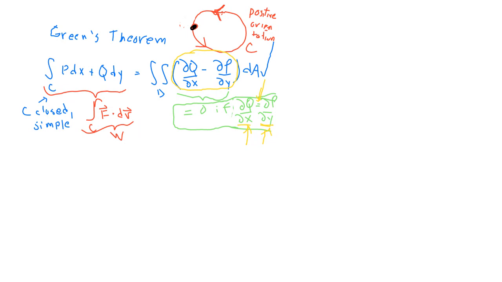But we can at least appreciate that Green's theorem makes sense, because if we have a conservative vector field, then by virtue of the fact that the partial derivatives q with respect to x and p with respect to y have to be equal for a conservative vector field, we can appreciate that the work that a force field does in moving a particle once around a closed path would have to be zero. Okay, and so at least we can appreciate Green's theorem in regards to that. Does that make sense? Does that make sense?